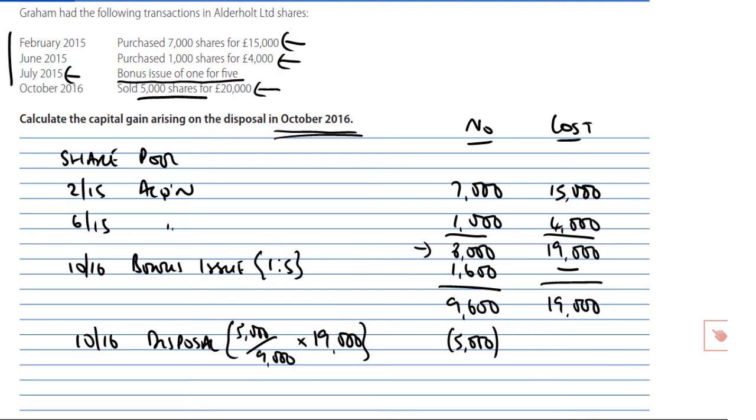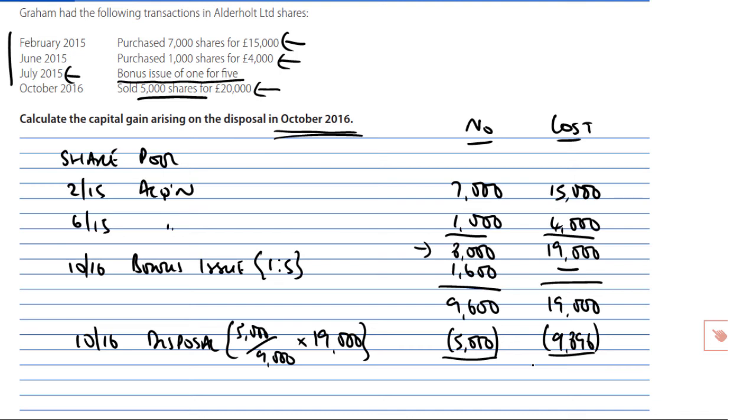Put that through the calculator and, well, hopefully, if my calculator is correct anyway, that gives you an allowable cost here of £9,896.